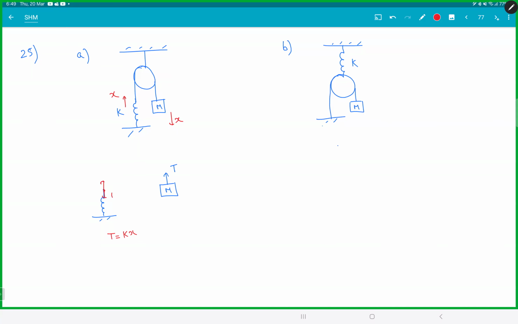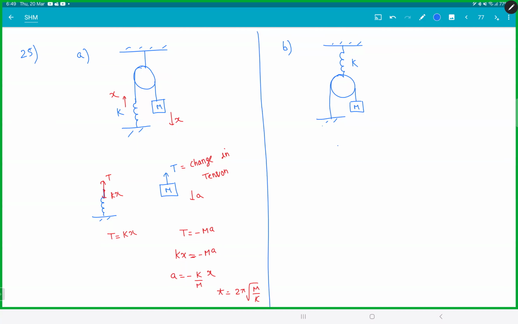Wait. This is tension and this is kx. This is change in spring force, change in tension. And acceleration. So T is equal to minus ma. kx is equal to minus ma. a is equal to minus k by m into x. Standard stuff. 2 pi root over m by k. I will just use small t, I used already capital T for tension.